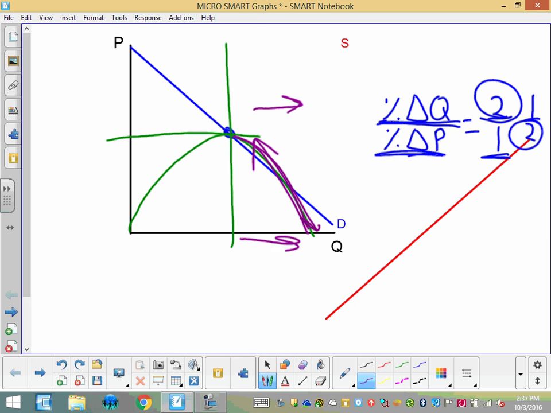Same on this side of the curve. If I'm lowering the price, total revenue will increase. But if I increase the price, we'd be up here, total revenue will decrease. Okay?